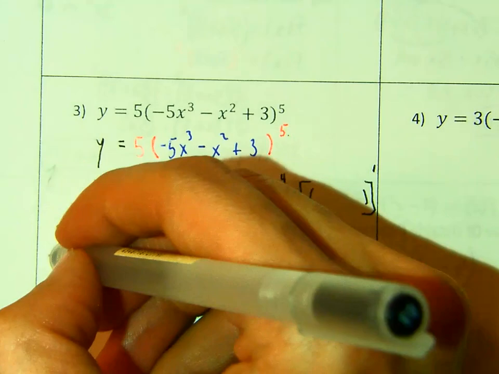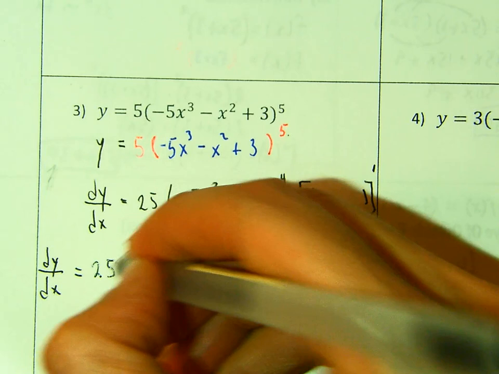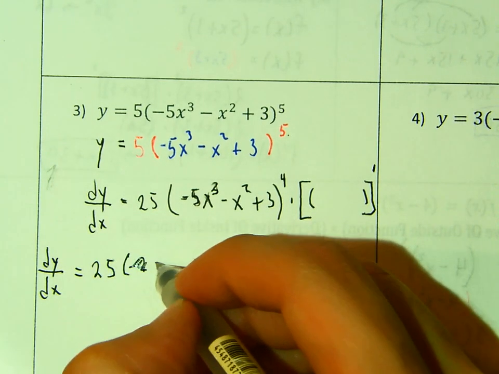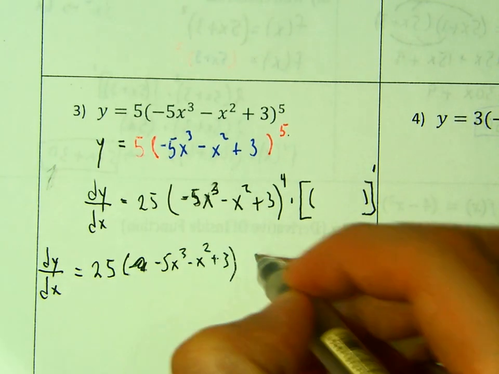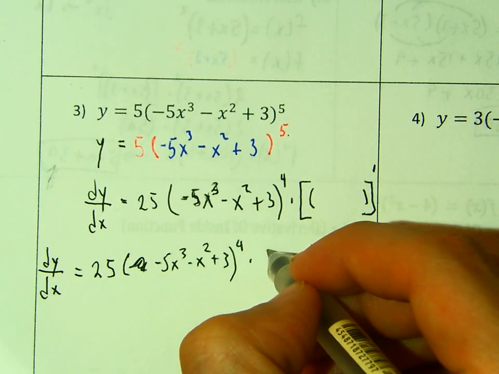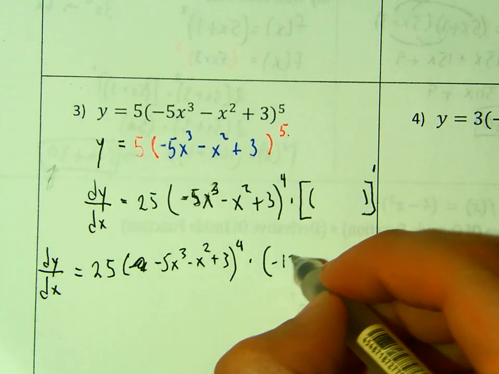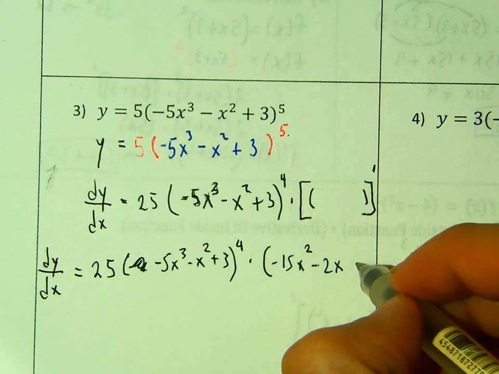So let me put this over here. So dy dx equals 25 negative 5x cubed minus x squared plus 3, the whole thing to the fourth, times the derivative of what's on the inside, which is here. So that's negative 15x squared minus 2x.